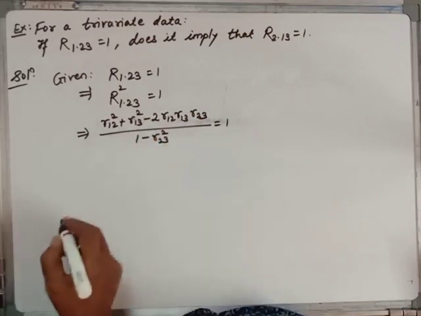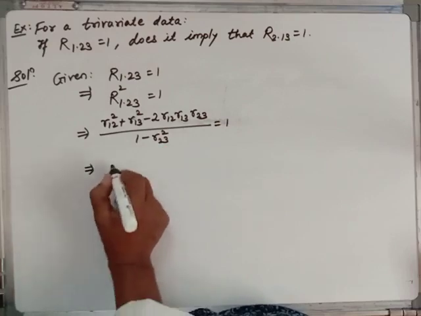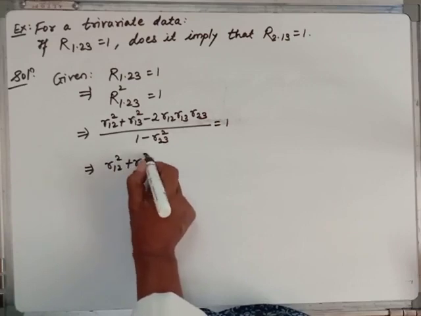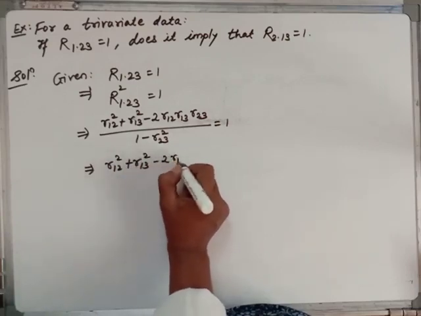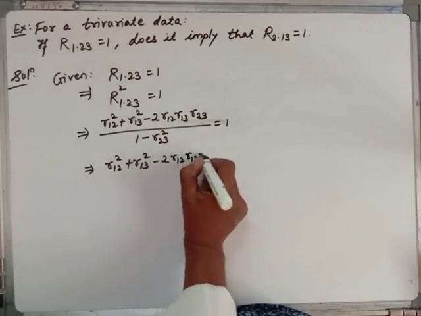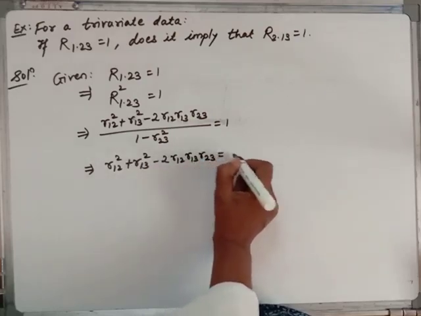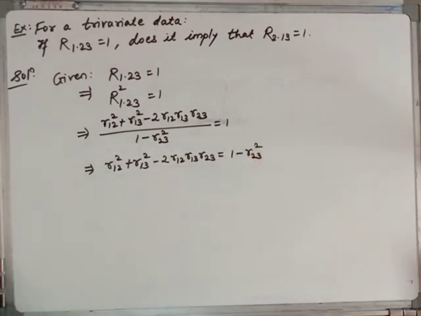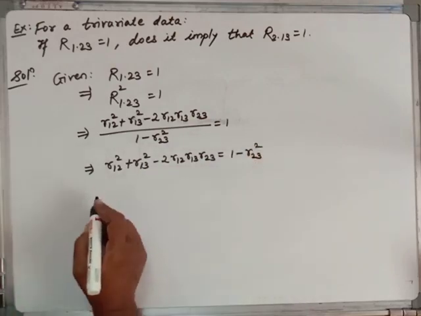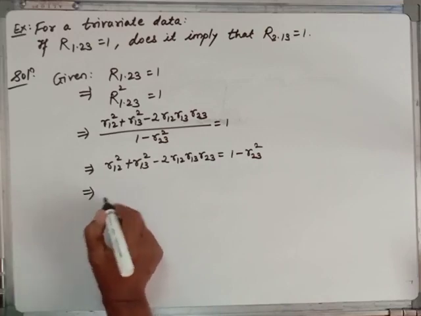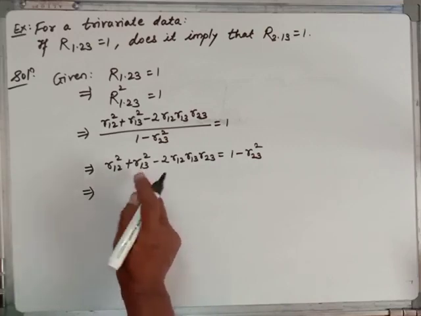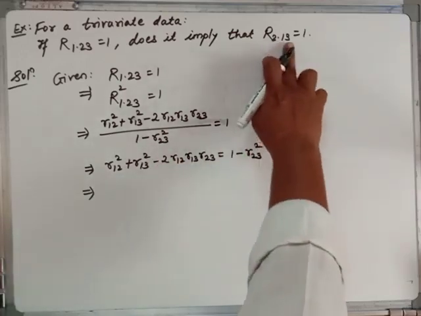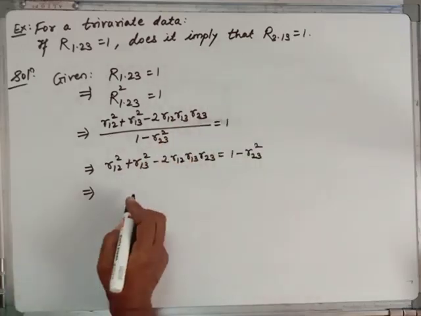That is equal to what? 1. So what does it give? R12 square plus R13 square minus 2 R12 R13 R23 equal to 1 minus R23 square. Take this R23 to left hand side, and let's take R13 to right hand side. Look at it. Here we want R13 there, right?